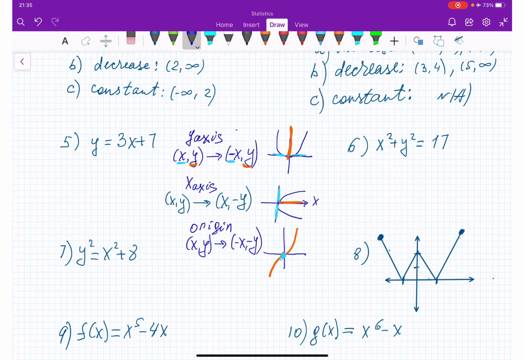Look here, if I take this point where x is positive and y is positive, the symmetric point has x negative and y also negative, right? But if none of them match, then it's going to be none.